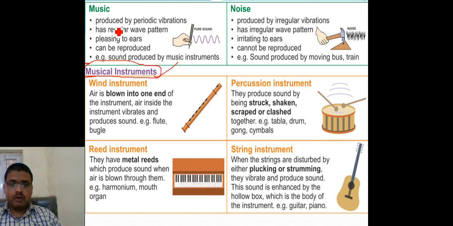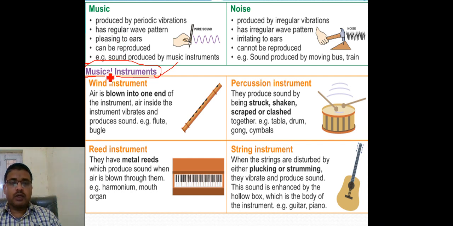Now there are different types of musical instruments, and these types involve different parts to produce the sound. On the basis of which part produces the sound in the musical instrument, musical instruments are divided into four parts.